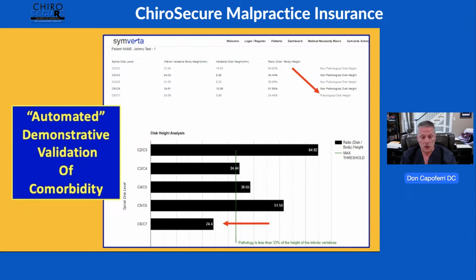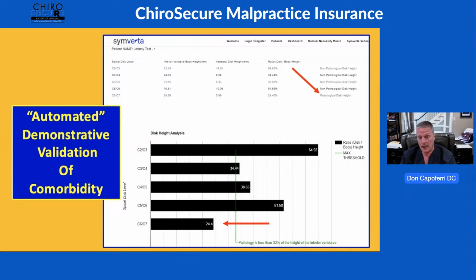Okay. So what you're looking at is a report from Simverta that you're able to produce, a disc height analysis report. One of the reasons I put this slide in there is because disc degeneration is a comorbidity that prolongs the expected patient response to treatment.